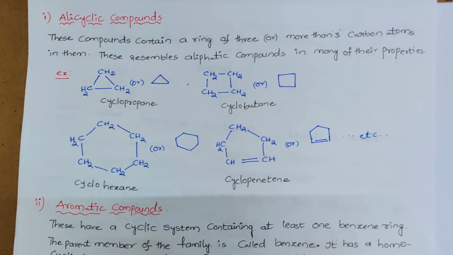So aromatic compounds means the cyclic compounds which possess the aromatic character. Generally, these are further classified into two types, benzenoids and non-benzenoids. Benzenoids are the compounds which contain the benzene ring.